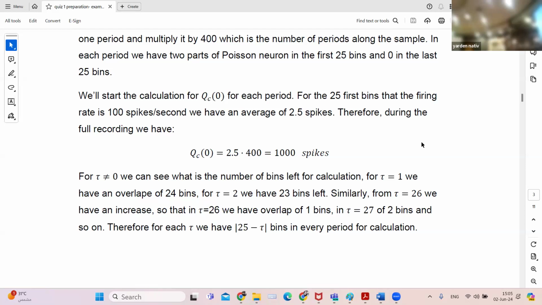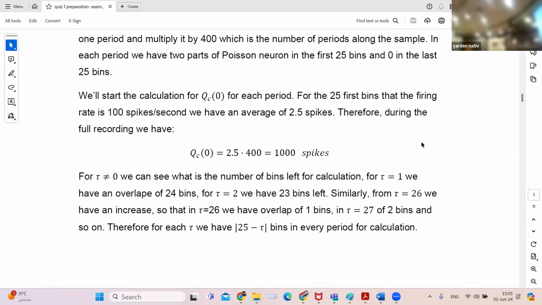Now let's see what happens at the 25. This is easier. At the 25, the sawtooth are non-overlapping, therefore each spike here won't meet the spike here, right? Because this is 0. So the probability here for every 25 plus 50 millisecond, you can write here n because this is the full cycle, is 0, right?